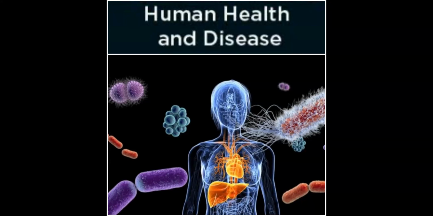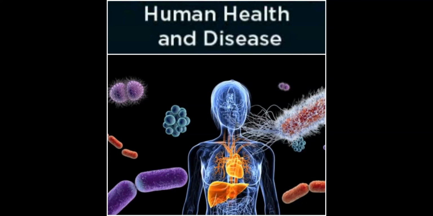Health is the state of complete physical, mental, and social well-being of an individual. The three aspects of an individual's life are physical aspects, mental aspects, and social behavioral aspects. A well-being in these aspects is referred to as health.